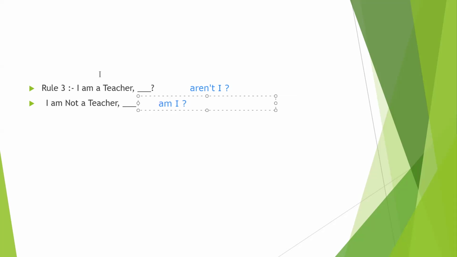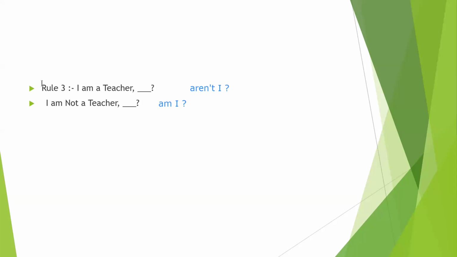Yes, it's correct. So in these two cases, we observe that when the statement is positive and contains the helping verb am, the question tag becomes aren't I. When the statement is negative and has the helping verb am, it becomes am I only.